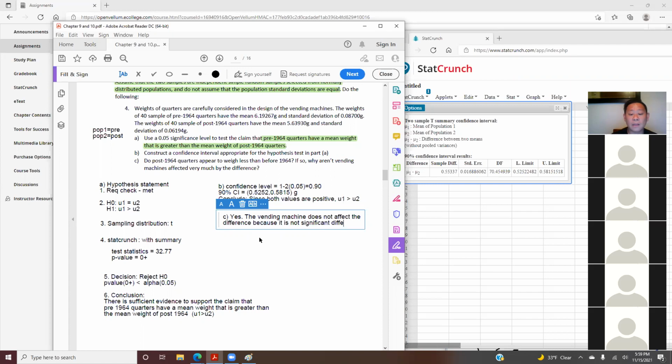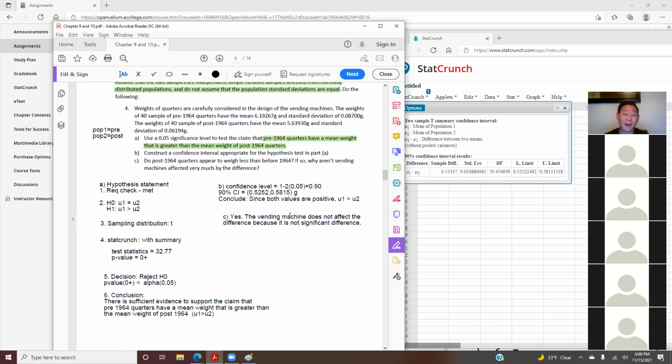What I'm talking about in this case is, when you use your vending machine, you put quarters in there, right? Your vending machine's acceptance of quarters is based on how heavy the quarters are. We found out that if you put in pre-1964 quarters and post-1964 quarters, the weight is actually different. But why are vending machines still able to take the pre and post quarters? The reason is that if you look at the difference, it is only 0.5 grams. Do you know how heavy 0.5 grams is?